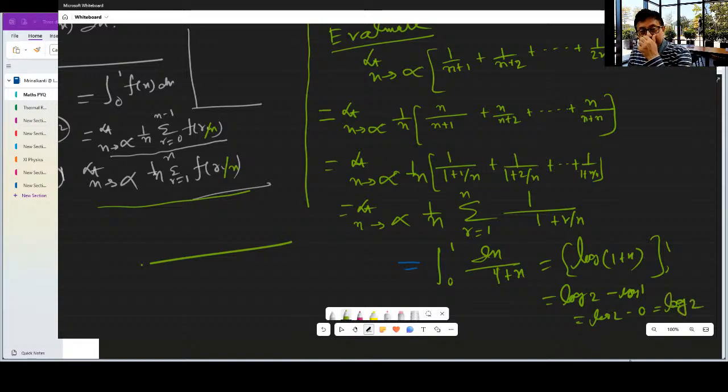So the answer is log 2. Hope you have understood. This is not a difficult sum. Go through once, copy it down, and then go for this figure I'm going to share with you, and then we'll solve JEE sums.